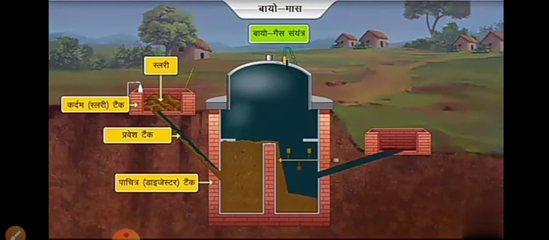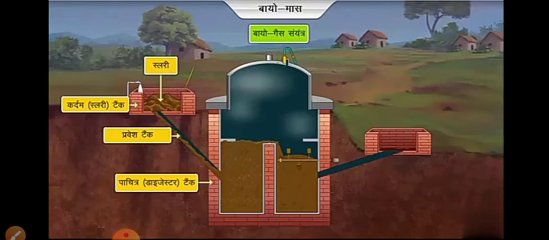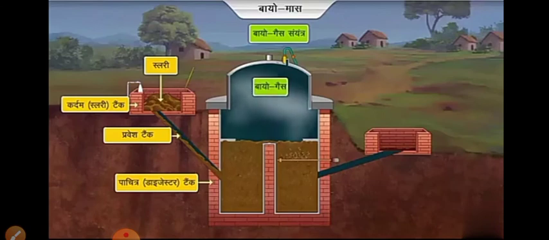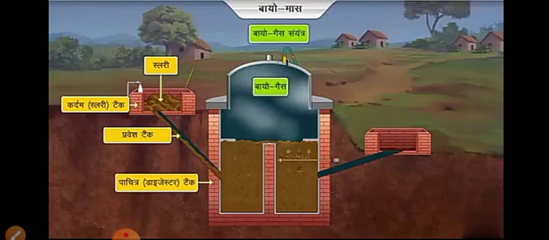Now here it is creating a gas, biogas, or we can say methane gas, and that is coming out through this pipe, the upper side pipe you can observe there. Through this electricity can be created, and whatever overflows goes in this direction.